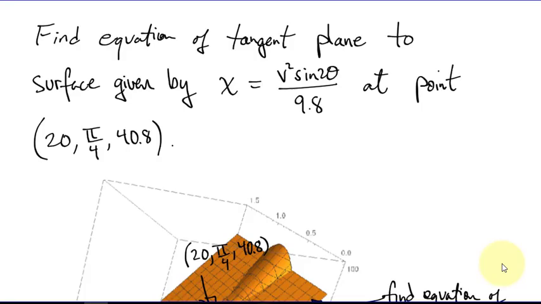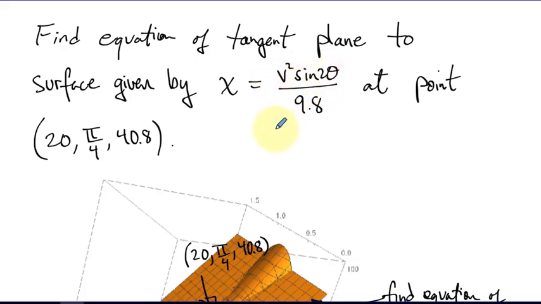All right, let's do one more example here. Find the equation of the tangent plane to the surface given by x equal v squared sine 2 theta over 9.8 at the point 20, pi over 4, and 40.8. Now, in this coordinate system, I've got a function here of two variables, v and theta.